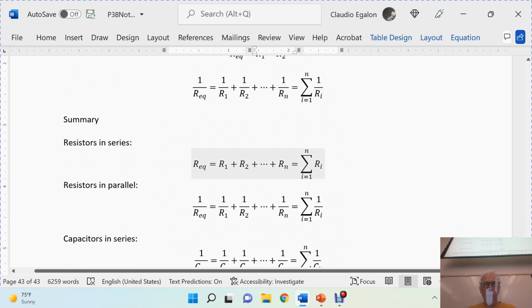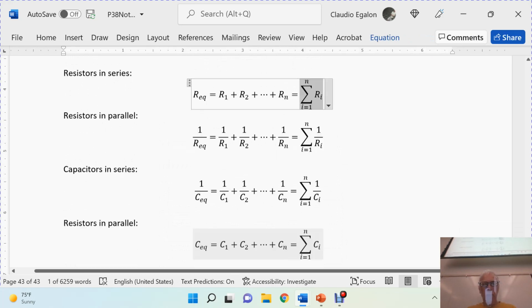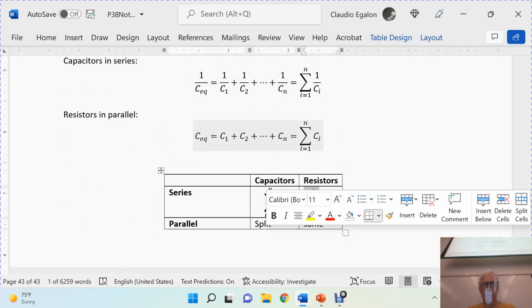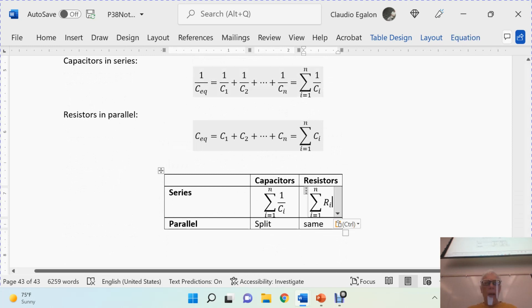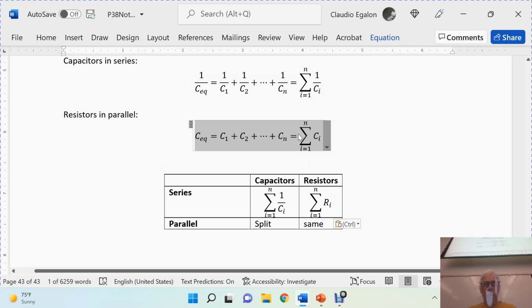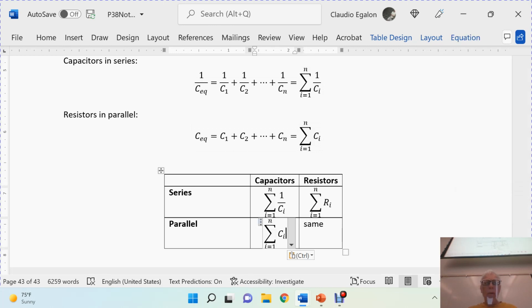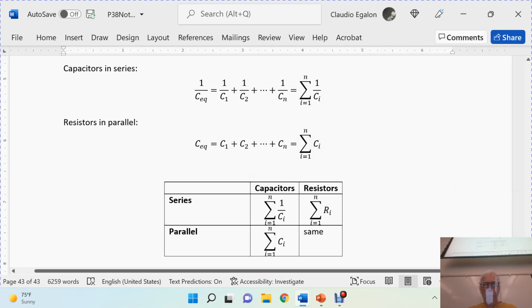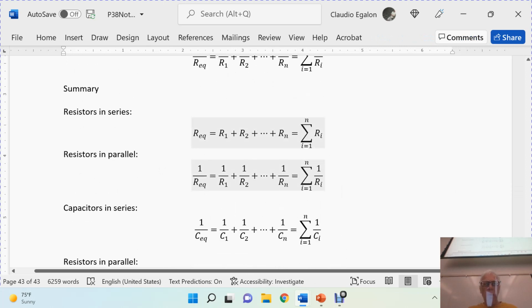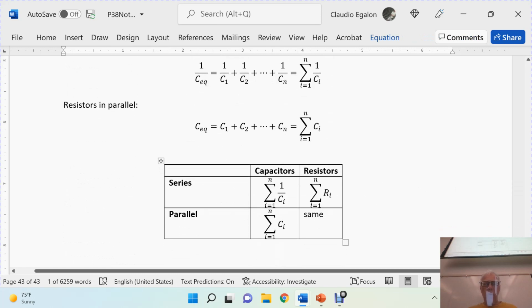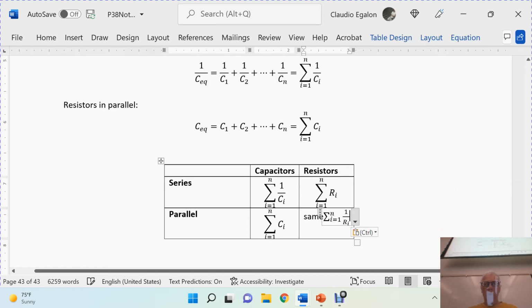Resistors in series is the relation. Capacitors in parallel, here is the relation. Resistors in series. Resistors in parallel, here is the relation. Oh, what is that? Like that.